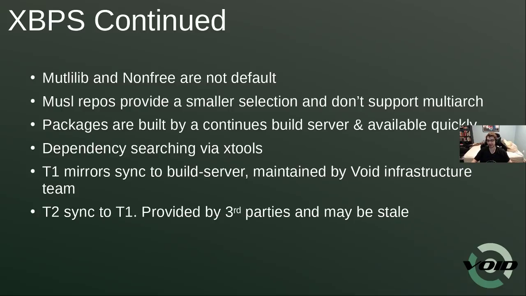So that's an extra step, but on XBPS, I'm sure that there's query tools for all kinds of different package managers, but the query system, at least in my opinion, is the best that I've used so far, where it's very easy. You just search by whatever string you're looking for, and it's going to figure things out for you and show you all the packages that you're probably looking for.